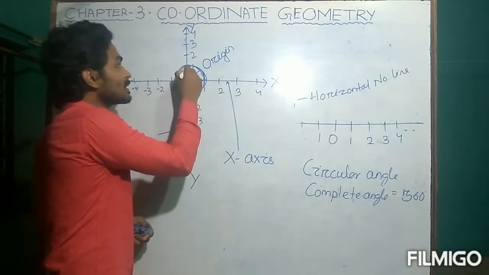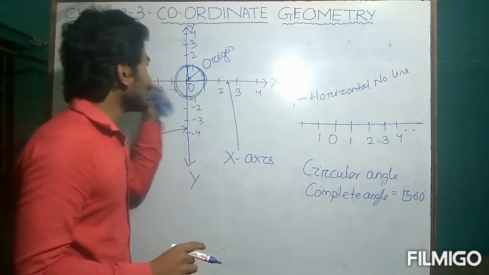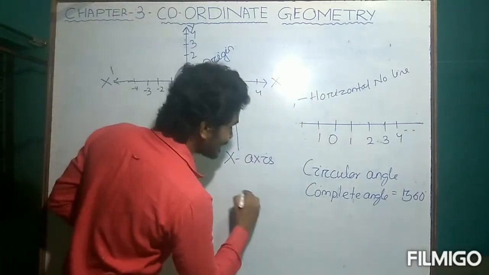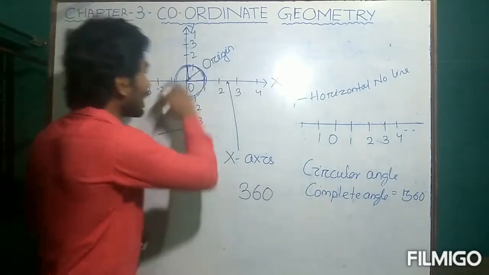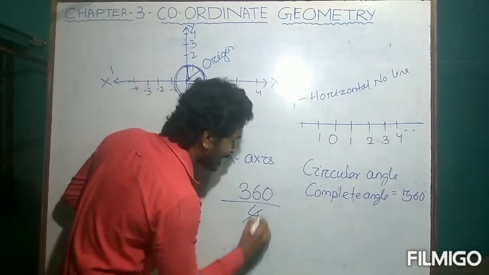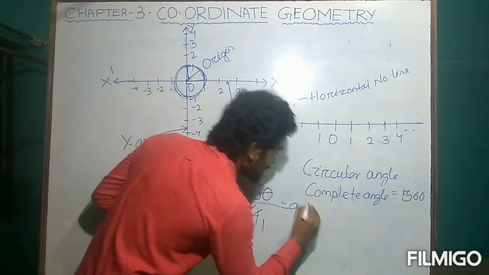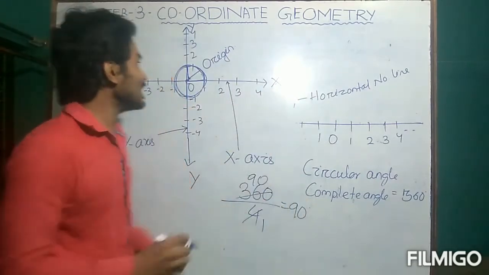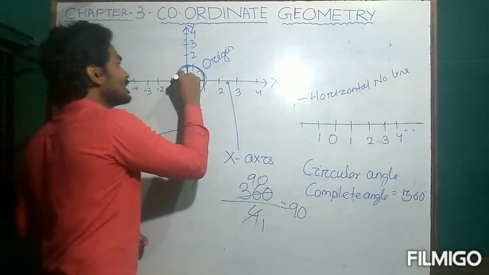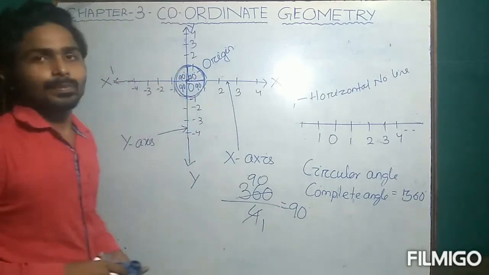See, this is the first part, this is the second part, this is the third part, this is the fourth part. It means the circle is divided into 4 equal parts. So each part will bear how many degrees? 360 divided by 4 is 90, that is, each part will bear a 90 degree angle. Hence this is 90 degrees, this is 90 degrees, this is 90 degrees, and this is 90 degrees.